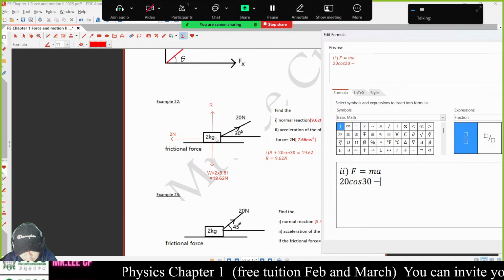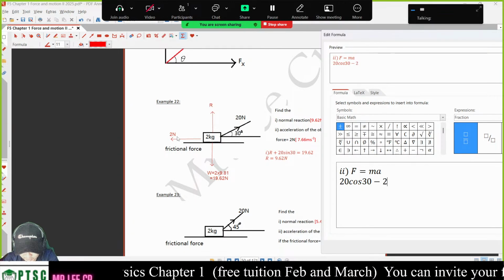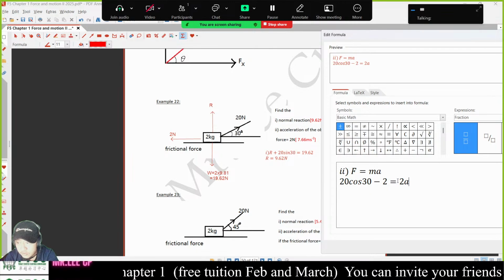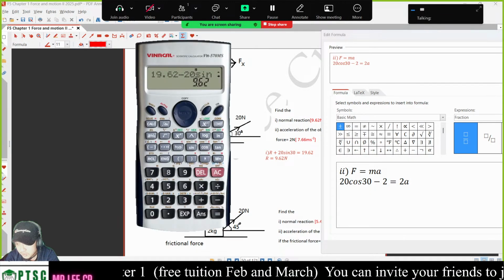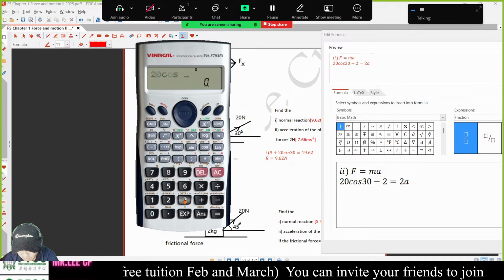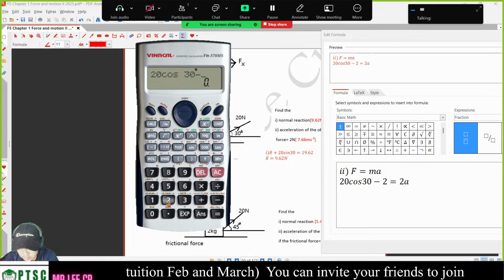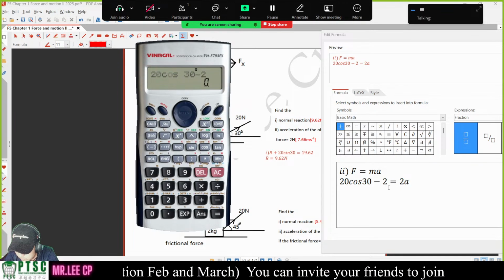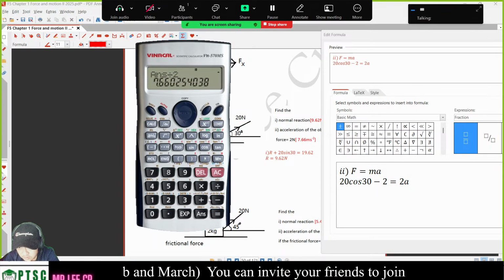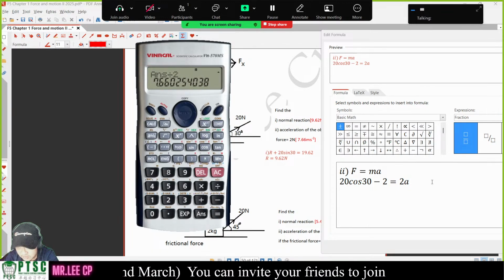The bigger one minus the smaller one is equal to 2a. So we can find how much the acceleration is. So 20 cos 30 minus 2, divided by 2. So the acceleration is 7.66.